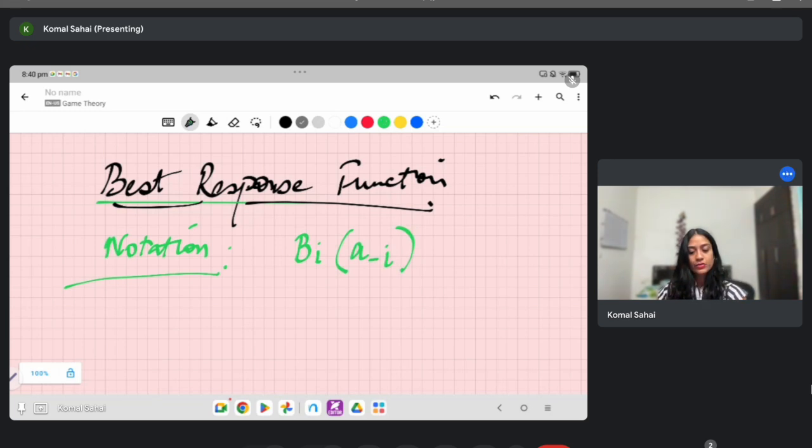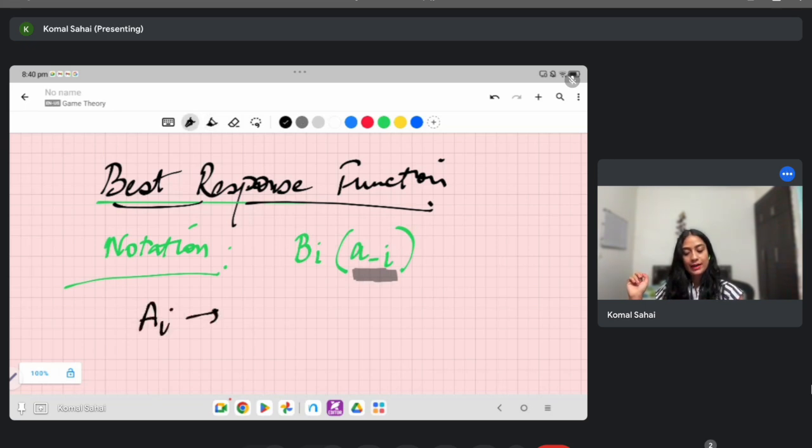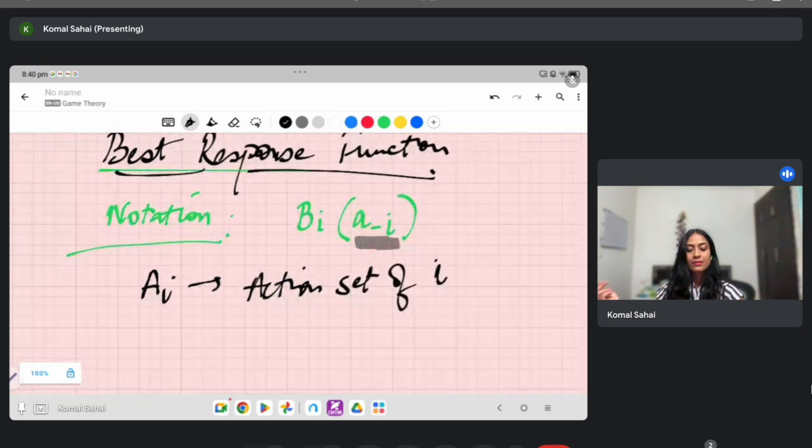The argument is this, the x variable that goes in and the y variable that our function throws out, is an action from the action set of player i, okay. So what is the action set of player i? A_i, the action set of player i, right? So in the case of the prisoner's dilemma, this A_i will essentially be equal to quiet and fake, okay.